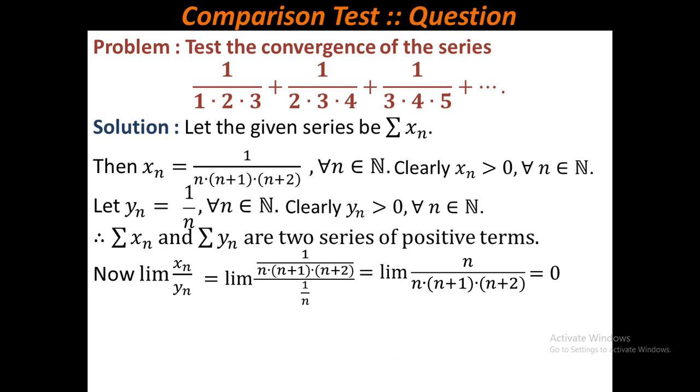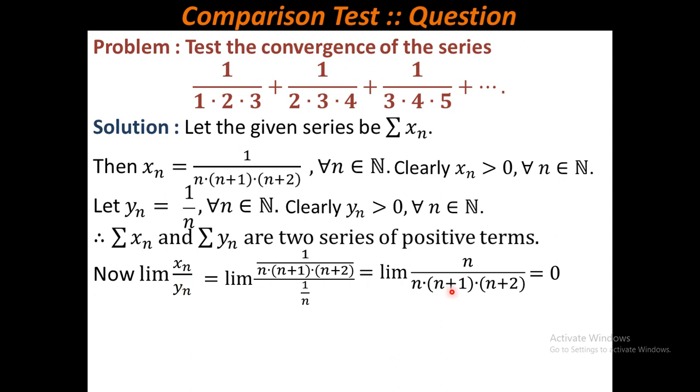So when summation yn is convergent, then summation xn is convergent, and when summation xn is divergent, then summation yn is also divergent. But you cannot conclude the cases when summation yn is divergent or when summation xn is convergent. Repeat again. Here actually yn is larger.